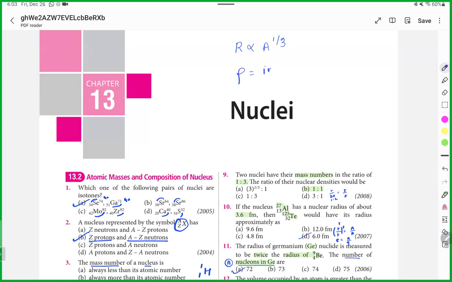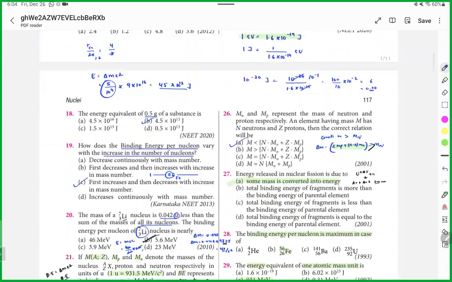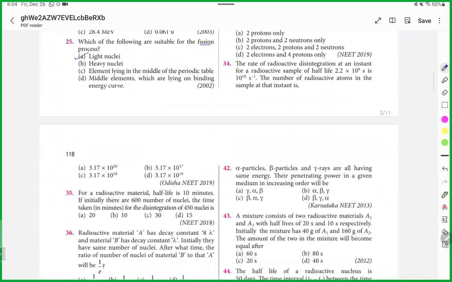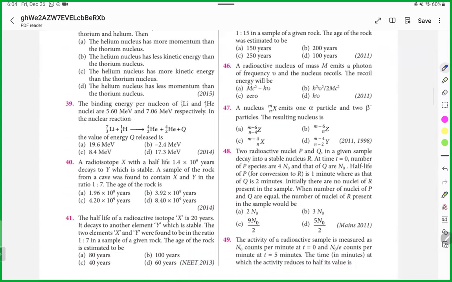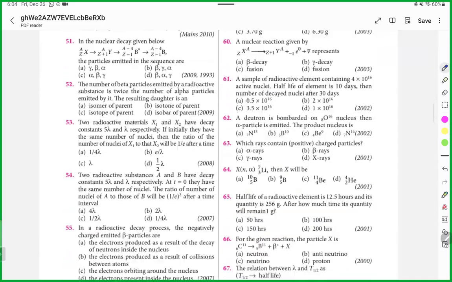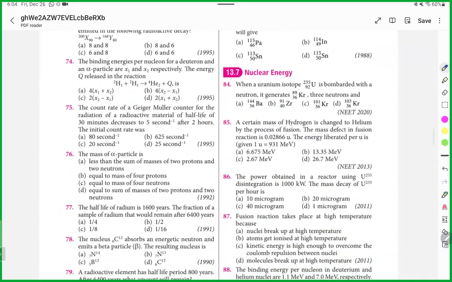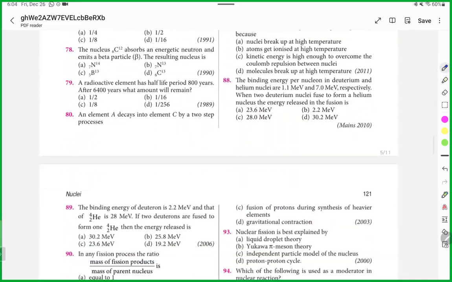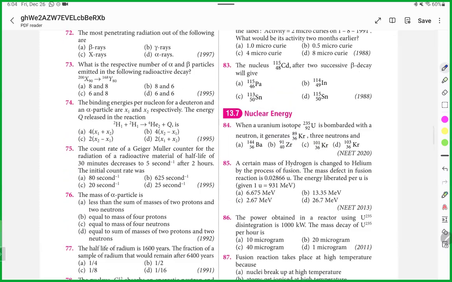Density is independent, doesn't matter whatever is the value. Volume directly depends upon A. These three rules. Tell me guys, did we leave anything? Anything we left? Nuclear energy we have in our syllabus.